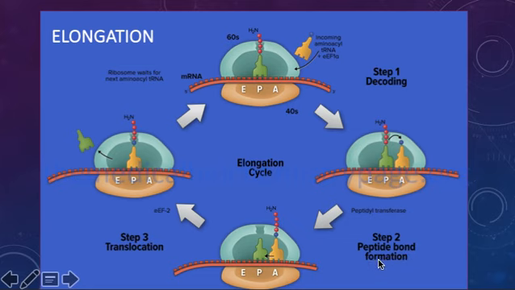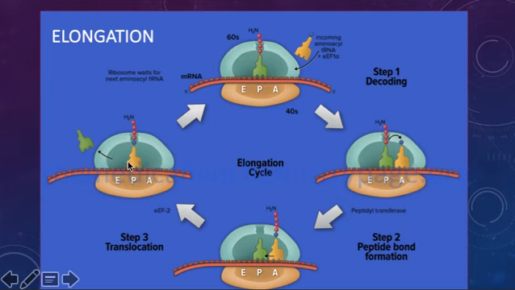So this peptide bond is formed, and the charged amino acid at the A site gets translocated to the P site, as you can see with elongation factor 2. It moves by translocation of the tRNA from the A site to the P site.